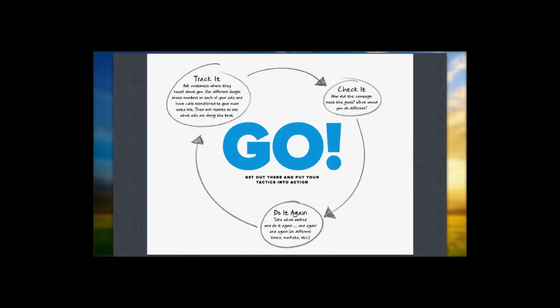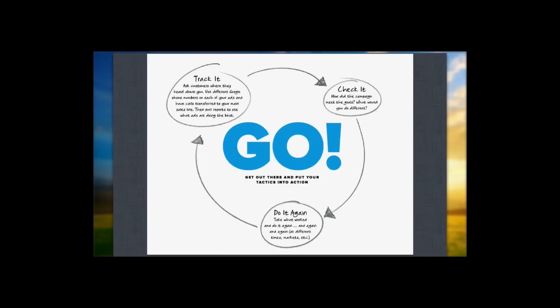Or maybe they called in on a specific Google number that you set up that you know only comes from one area that you're marketing in. It's very important to know where your leads are coming from, because if it's working in this area with that particular tactic, that's what you want to do more of. So know where your stuff is coming from.